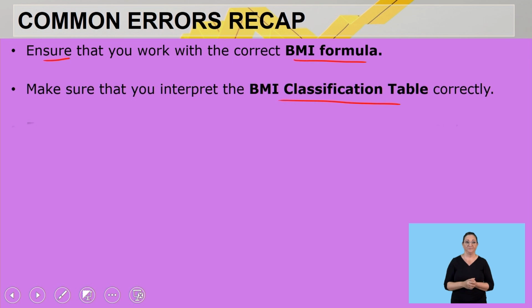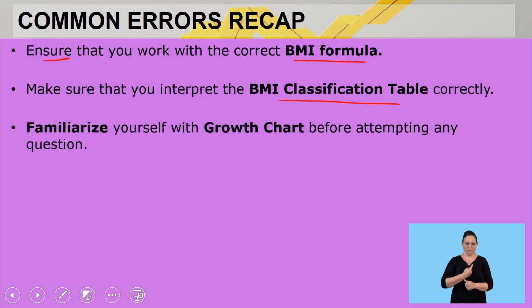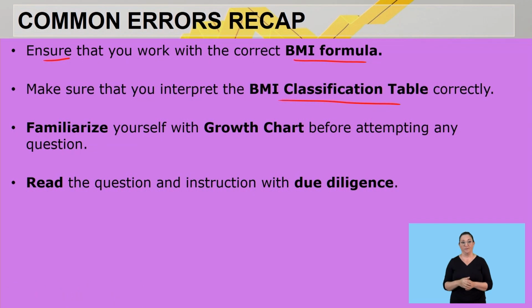Then familiarize yourself with the growth chart before attempting the question. Like I've indicated, we have our BMI there, we have our age, we have the percentile. So it's very important that you know exactly how to interpret it, to familiarize yourself with it first before you start answering any question.